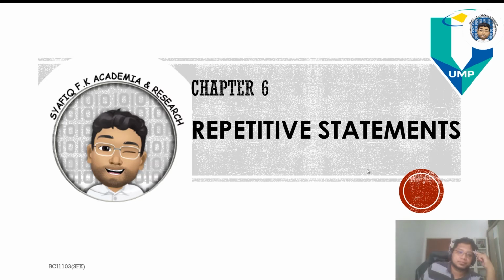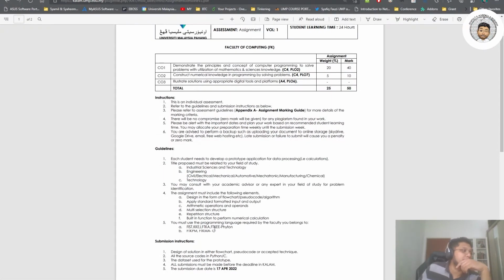should we submit the py file, or we just copy all the code that we wrote, put it in a PDF, then send it together in one shot? Based on the instruction here, they want you to submit the source code, all the source code in Python or C. So that means you submit the py file also.